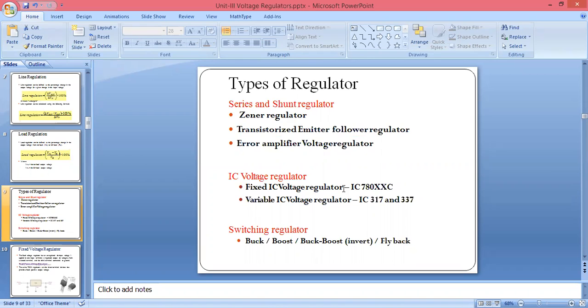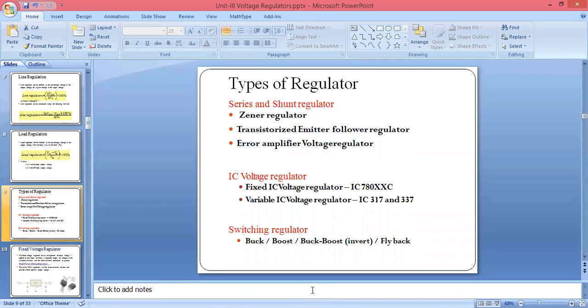We are using voltage regulator to maintain constant DC voltage at the output irrespective of the voltage fluctuations at the input. It means if there is a change in input voltage, or a change in temperature, or a change in load, at that time also we are preventing those fluctuations and we will get the constant DC voltage at the output.